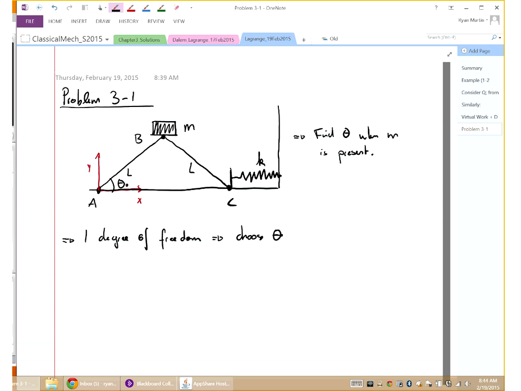If you think of the two connected rods with the hinges as a system, the rods clearly are exerting forces on each other, but those are all internal forces. So the forces that really can do virtual work are the external forces applied to the system, in this case. And so we have two such forces. We have the weight of our mass, and we have the force from the spring.